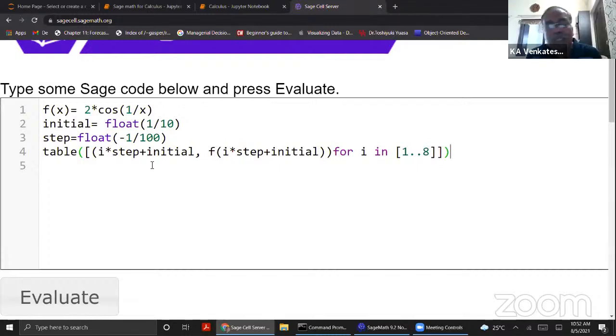Hope you have typed this code. Run it, evaluate it, and say the answer.